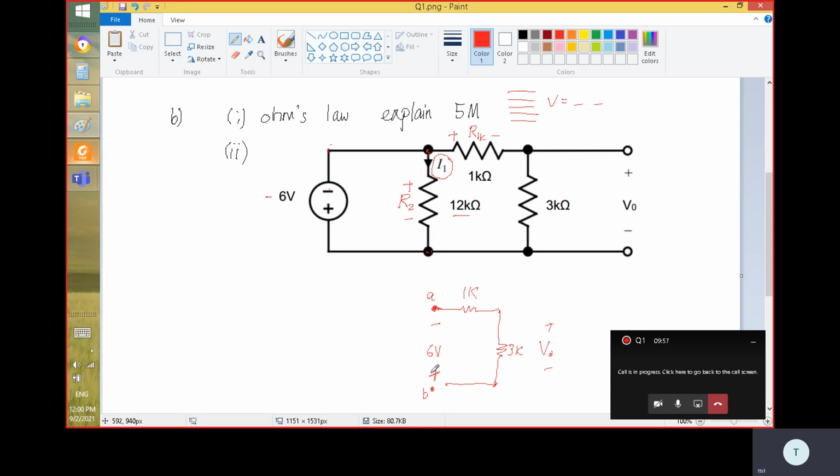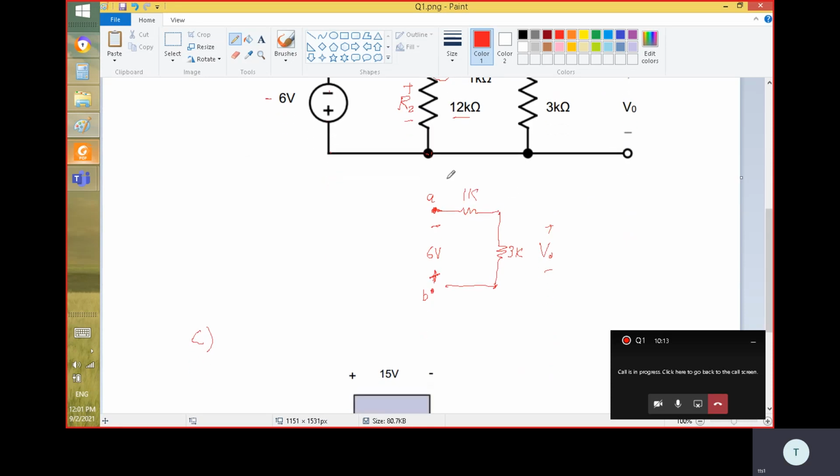Okay, if you put the polarity exactly the same here, positive at the bottom and negative at the top, and because these two nodes are minus 6 volt, you can go around the loop like this. Usually we put plus, let's say this is R1, right?